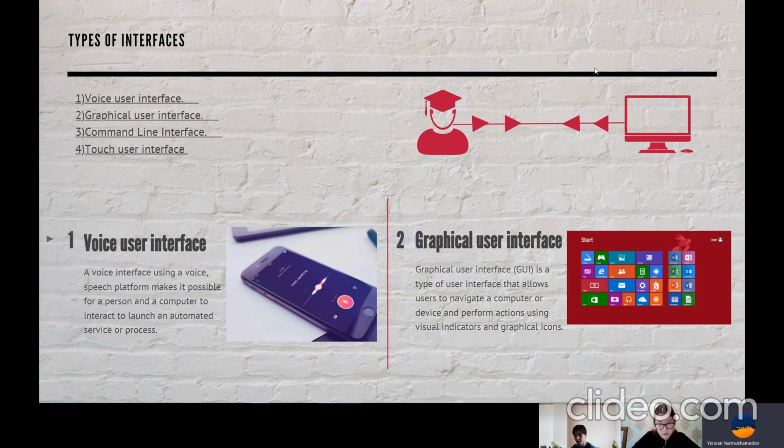And the next user interface is the graphical user interface. A graphical user interface is an interface where the user interacts with visual objects, buttons, icons, and pictures on the screen.